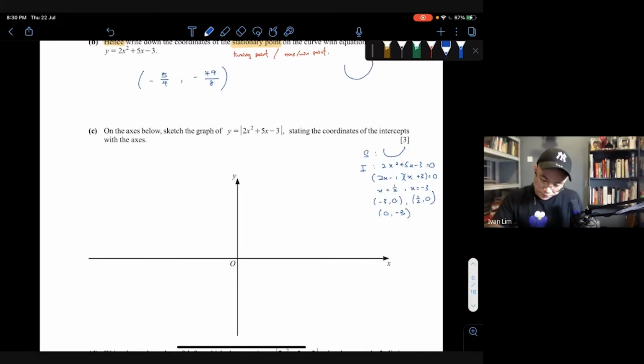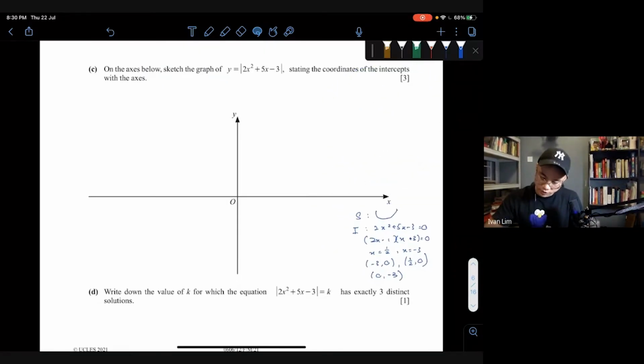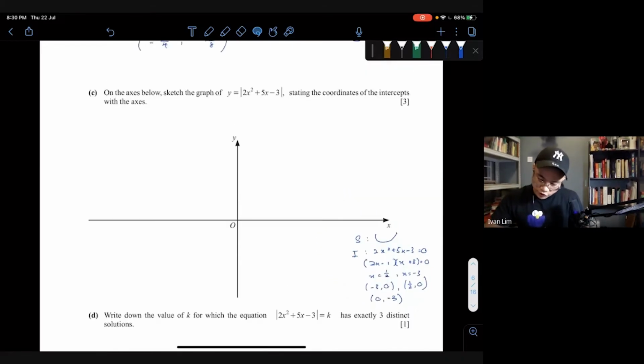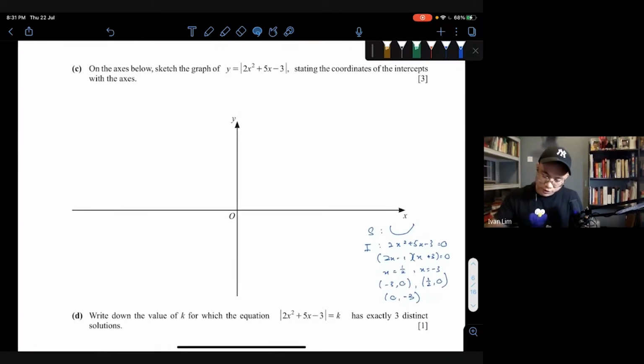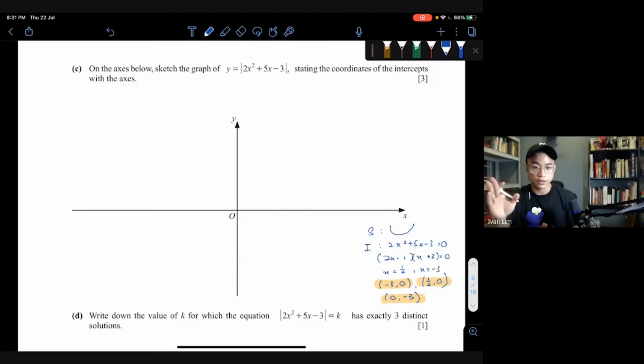Okay, so let's move this somewhere down here so we got some space. Let's sketch it out. The important points are here: 1, 2, 3. Sketch the original one first, but don't leave it there. This is for your own reference.